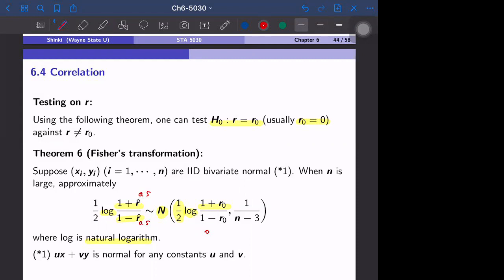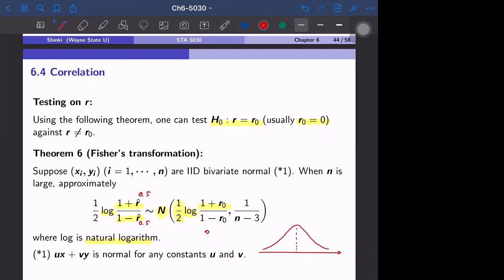When the sample size is large, of course, the correlation coefficient estimate is more reliable. So when n is large, the variance is smaller, since it is 1 over n minus 3. Using this, you can do the test. If the test statistic falls in the extreme range, then we reject the null hypothesis.